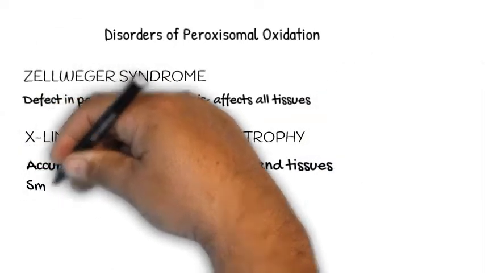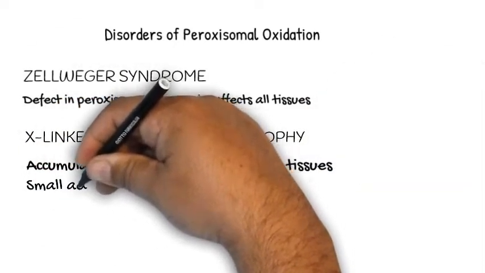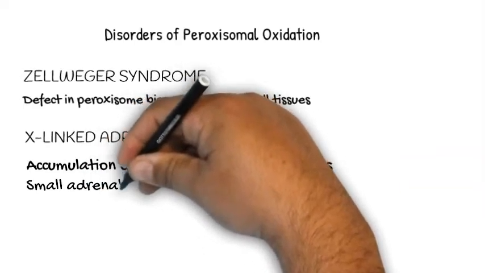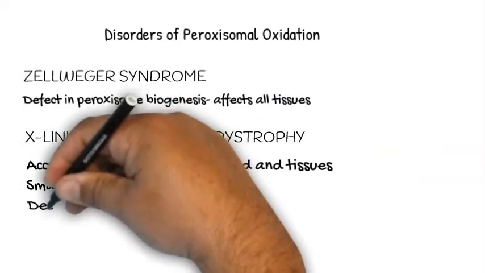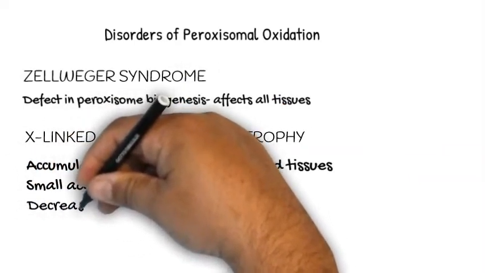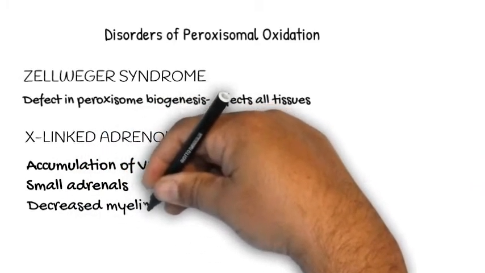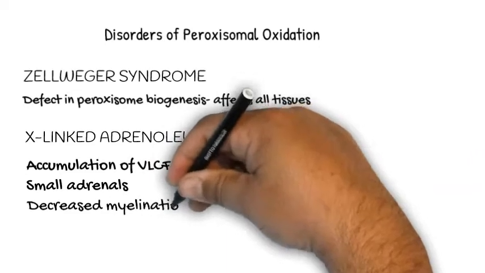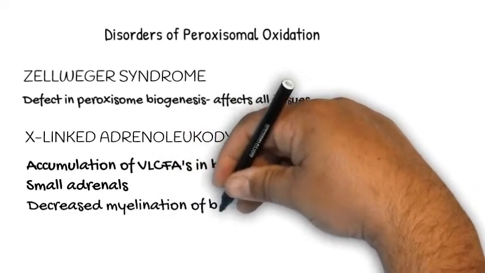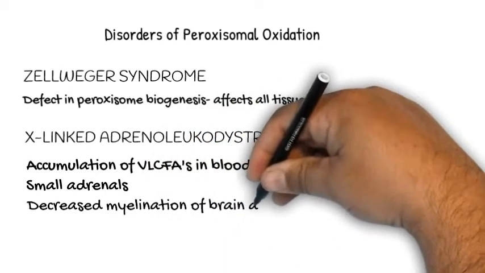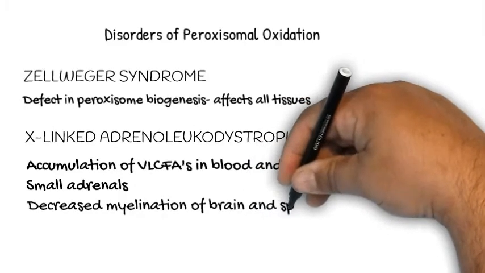And this disorder is associated with small adrenal glands. And in addition to that, there is also a decreased myelination of the neurons in the brain and the spinal cord, leading to a neurological disorder.